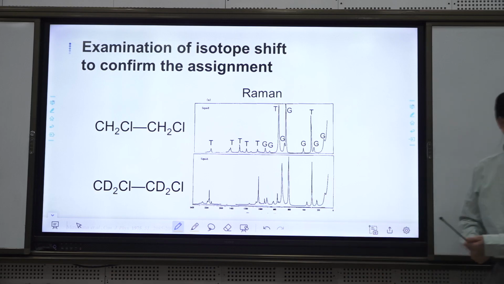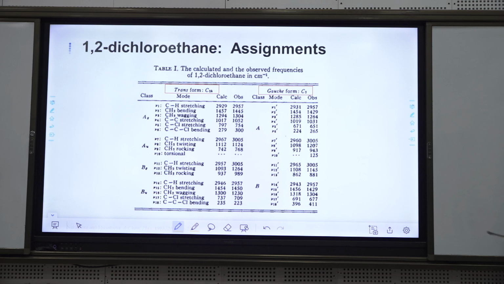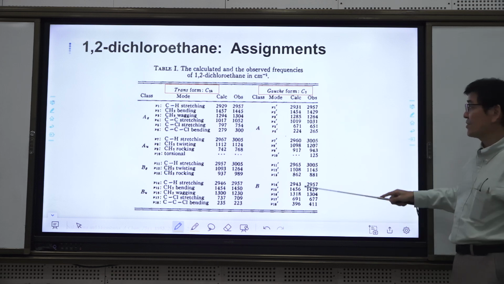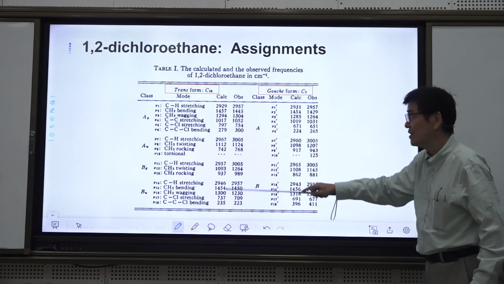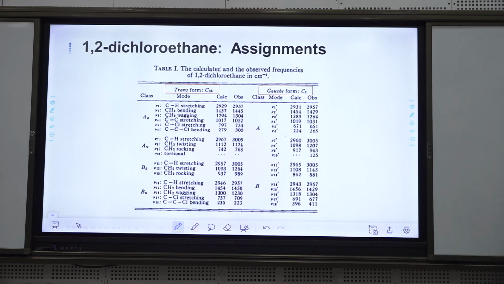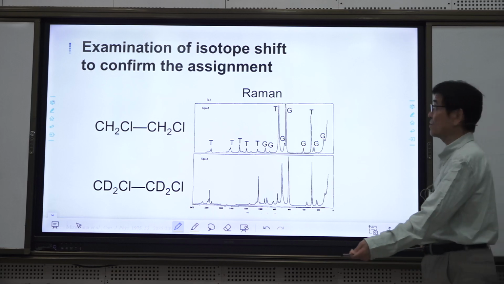And after calculating the vibration frequency like this, we should make sure if this calculation is really appropriate or not. One method is to examine the isotope effect.